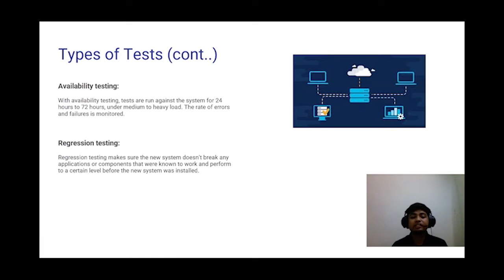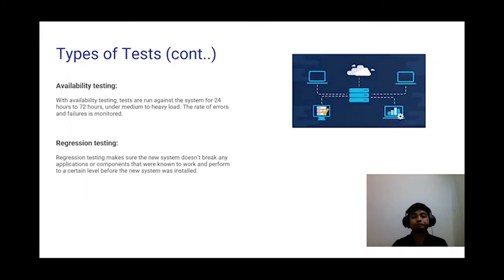The rate of errors and failures is monitored. The last one is regression testing. Regression testing makes sure that the new system doesn't break any application or components that were known to work and perform to a certain level before the new system was installed.